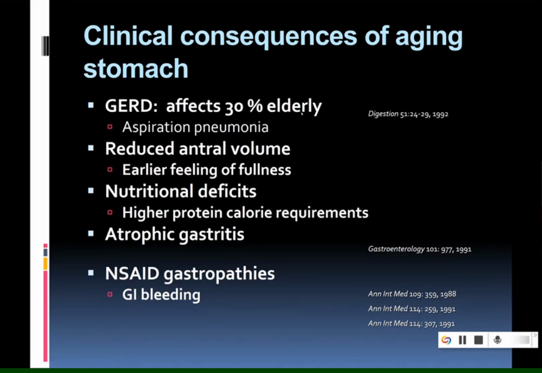But one of the implications for this is that there's an awful lot of proton pump inhibitor prescription, as well as H2 blocker prescriptions. More recently, Zantac was taken off the market because of contaminants that are highly carcinogenic.